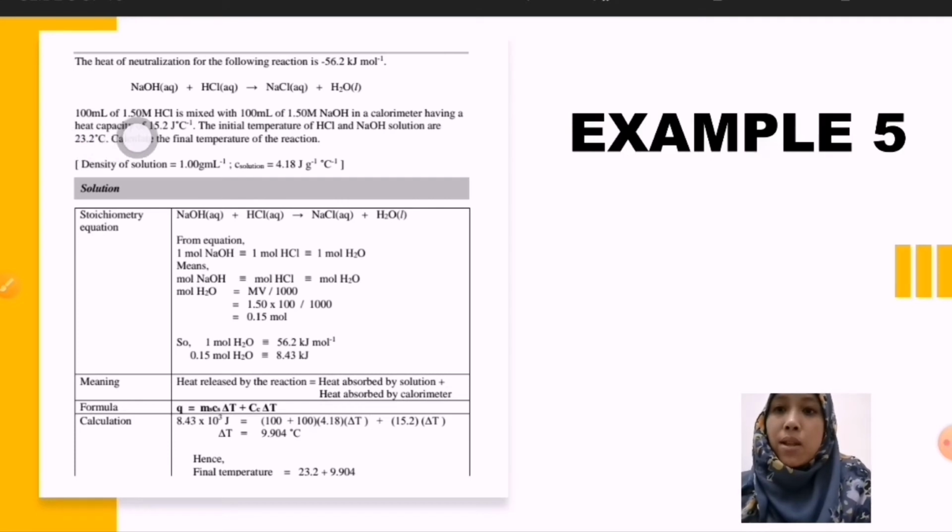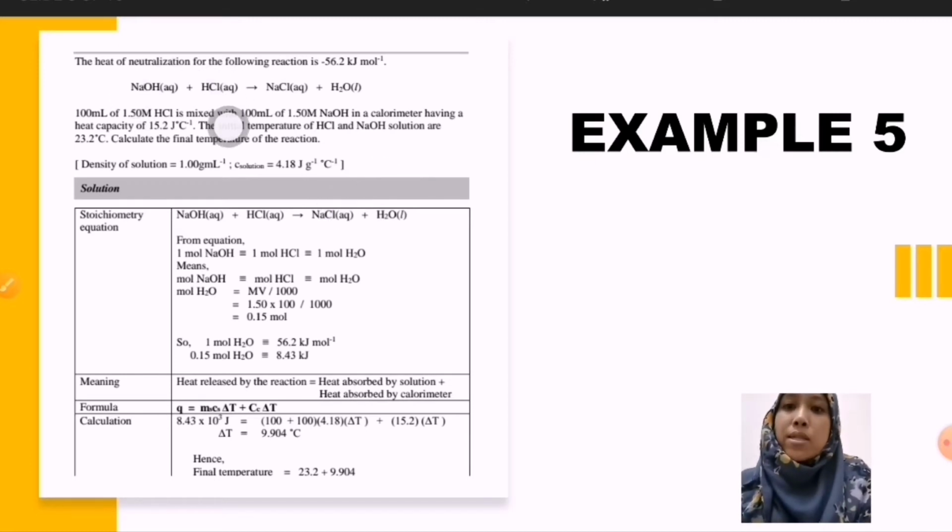So 100 ml of 1.5 molar HCl mixed with 100 ml of 1.5 molar NaOH. And the heat capacity is 15.2 joule per degree Celsius. Initial temperature diberi. Calculate the final temperature of the reaction.